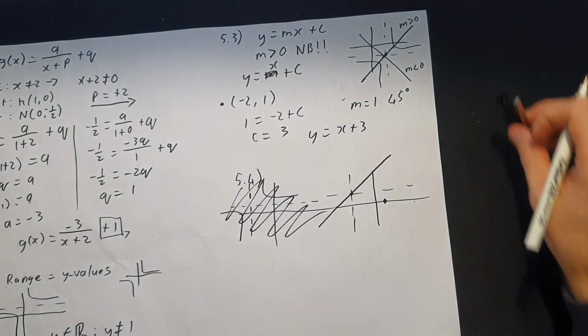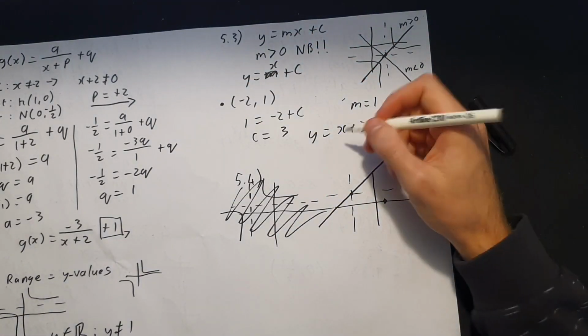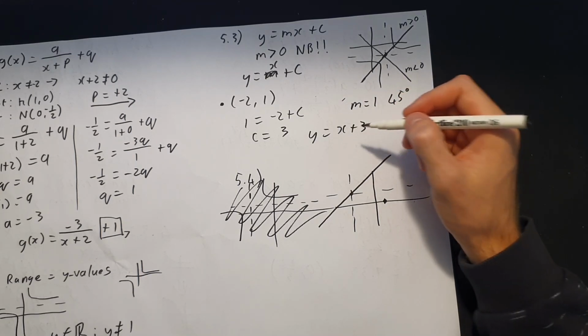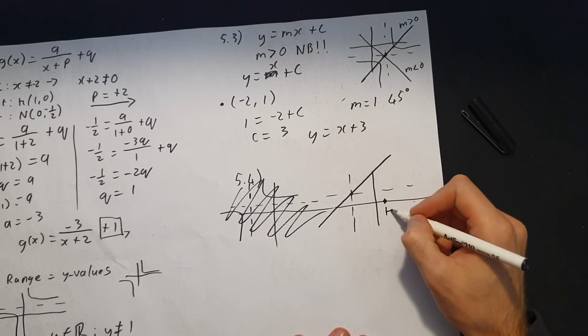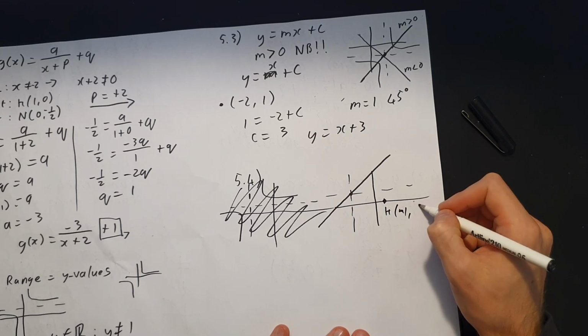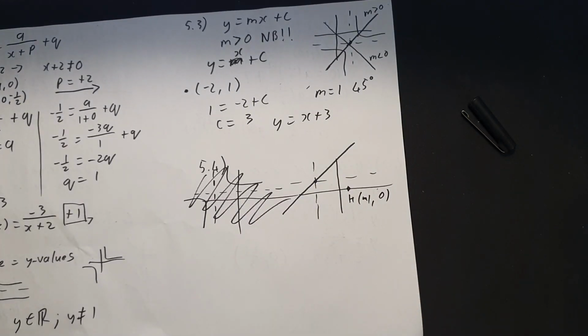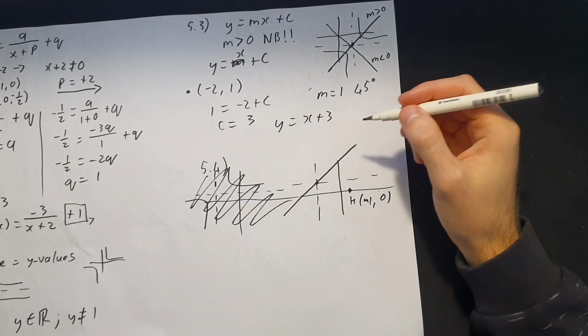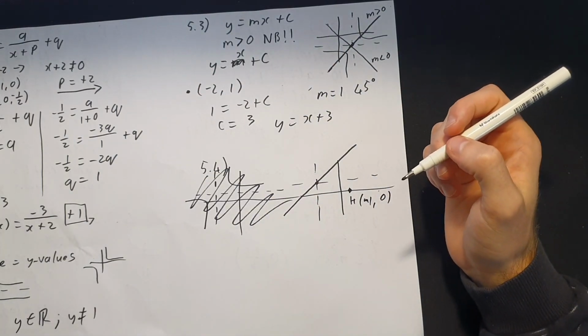So how are we going to find that point? We know that the line is y equals x plus 3. We have the point 1 and 0, and we need to find its image reflected over that. So how do we go about doing this?